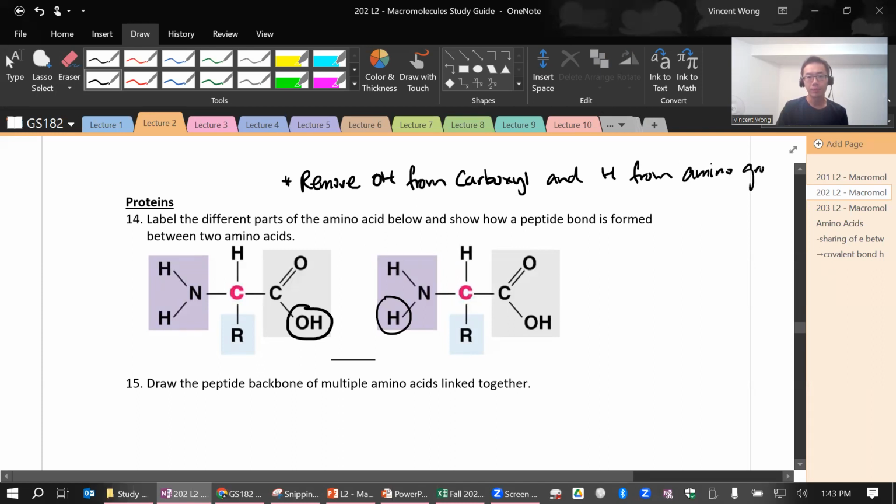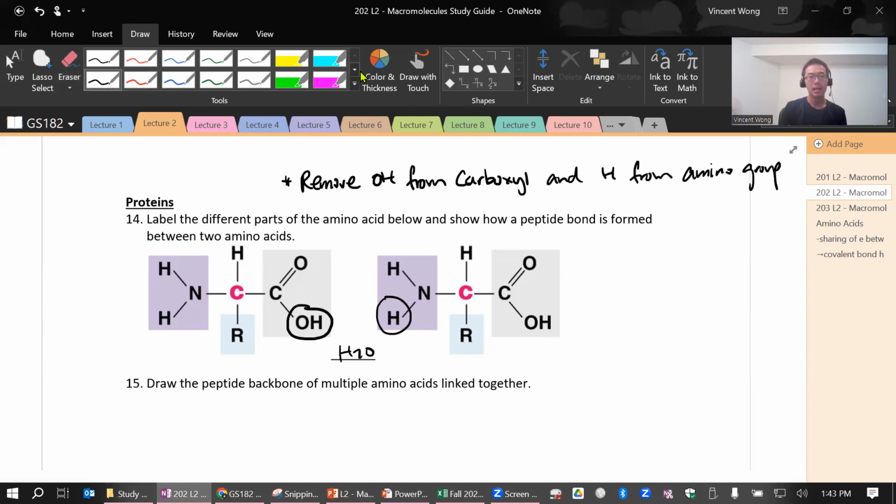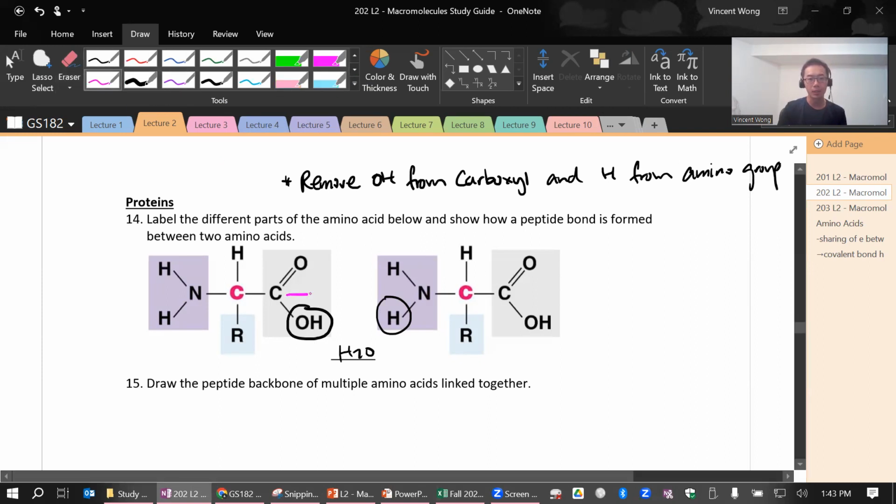So you see, if you take the OH and the H and you remove it, you have a water molecule that comes out. And then you can create a bond that connects them together. This bond is called a peptide bond.